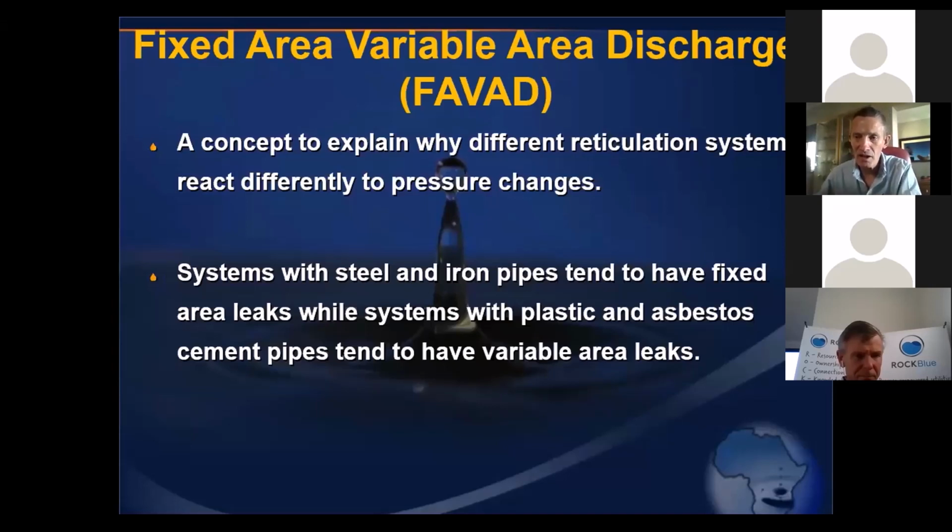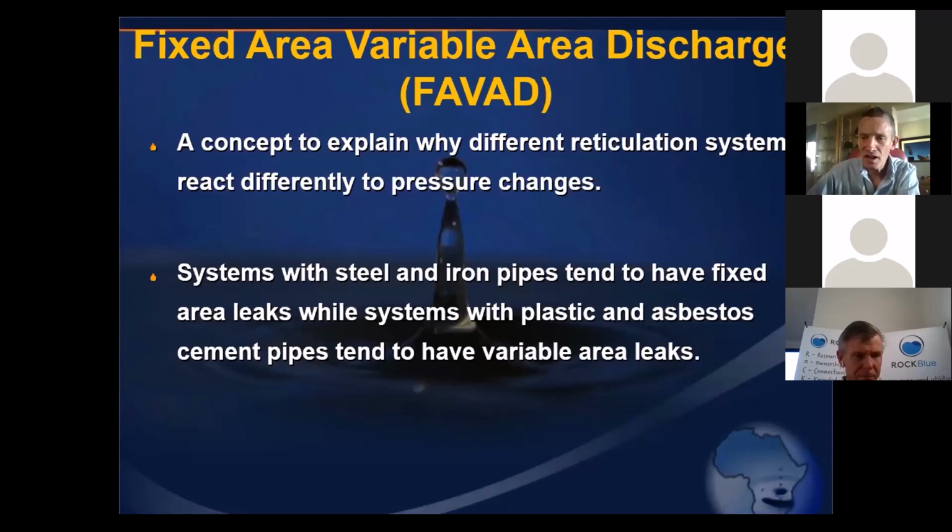And there was a methodology called the fixed area variable area discharge theory. It's a bit of a mouthful, and it was given an acronym by Alan Lambert and John May in the 1990s. The acronym is FAVAD. It stands, as I mentioned, for fixed area variable area discharges.